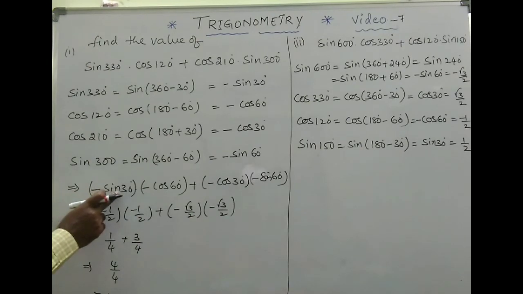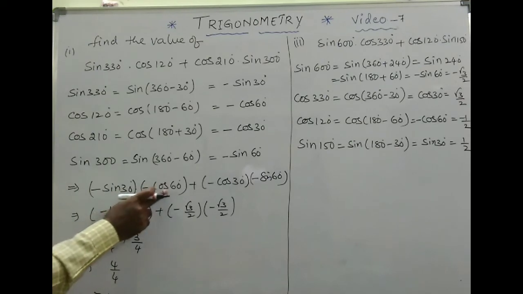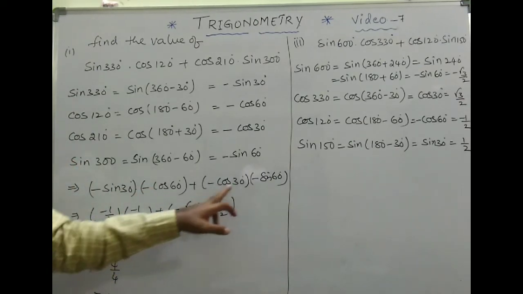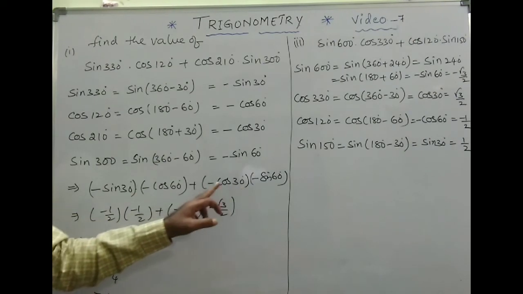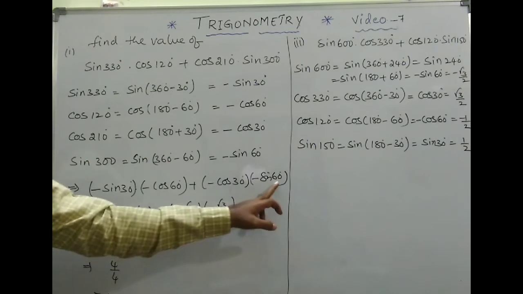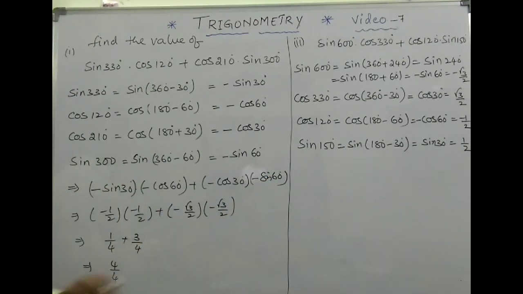Do you remember the sin 30 value? It is 1 by 2, but before that there is a minus sign, hence minus 1 by 2 into minus cos 60, whose value is also 1 by 2, plus cos 30 is root 3 by 2 with a minus, hence minus root 3 by 2, into sin 60, which is also root 3 by 2, but with a minus sign before it.